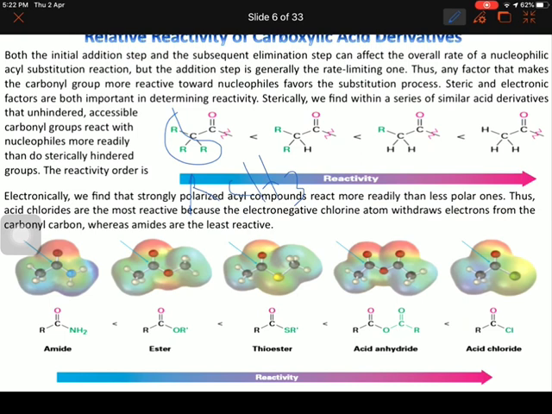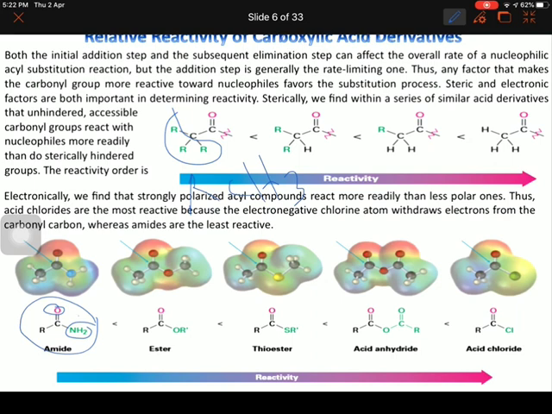The second note: the one that is more polar has higher reactivity than the one that is less polar, like the amide and acid halide. The amide is less polar. Why less polar? Because in this carbonyl group, the double bond has resonance between oxygen and nitrogen, and most of the time the electron is spending beside the nitrogen. Why?